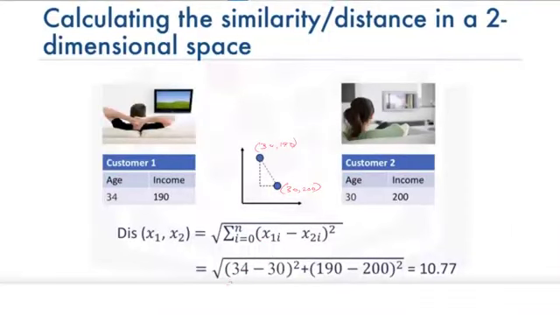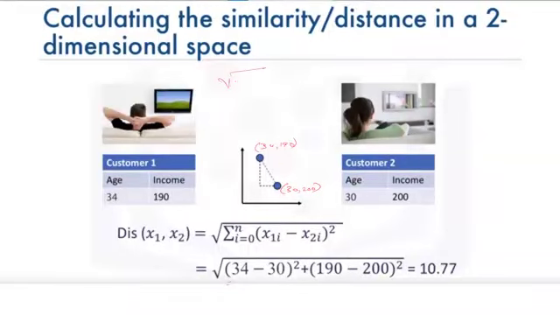So this is the formula. The difference between the x coordinates, 34 minus 30, I'll take the square, plus the difference between the y coordinates, 190 minus 200, I'll take the square. Then I'll sum it up and take the square root. This measure is known as Euclidean distance.